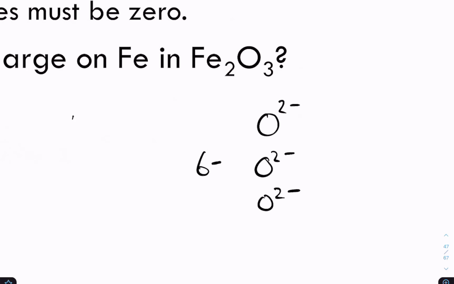And then there's 2 iron atoms in this formula. So what is the charge? Well, let me ask this first. What charge do both of the irons have to have together? 6. 6 together. So whatever this charge is plus whatever that charge is will be 6+. So what's the charge on each of them? 3+.